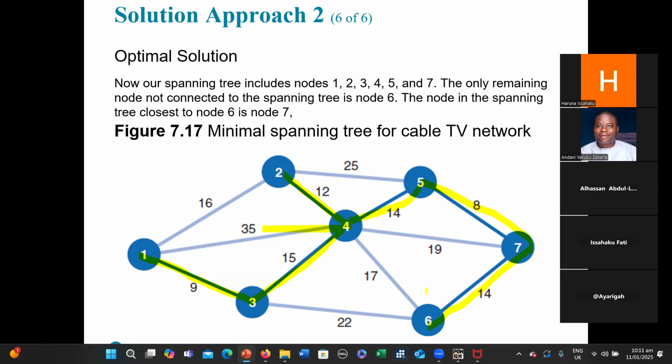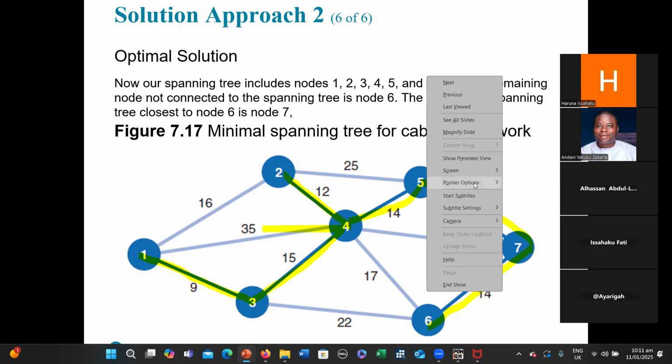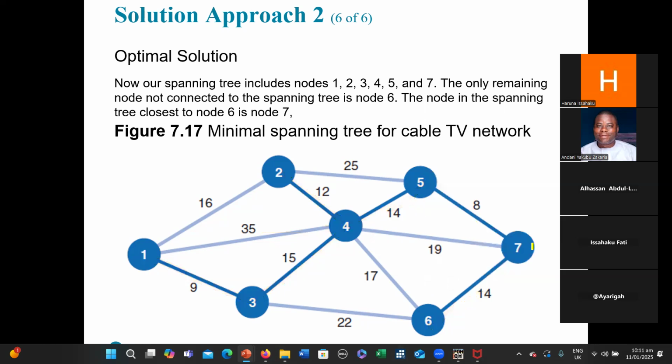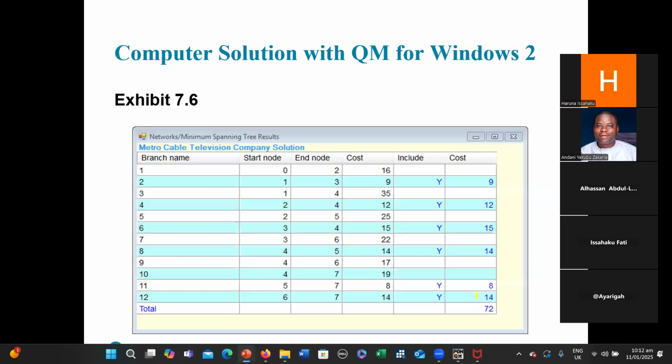If you want to know the total distance that will be covered, you simply have to add 9 to 15 to 12 to 14 to 8, and then to 14.